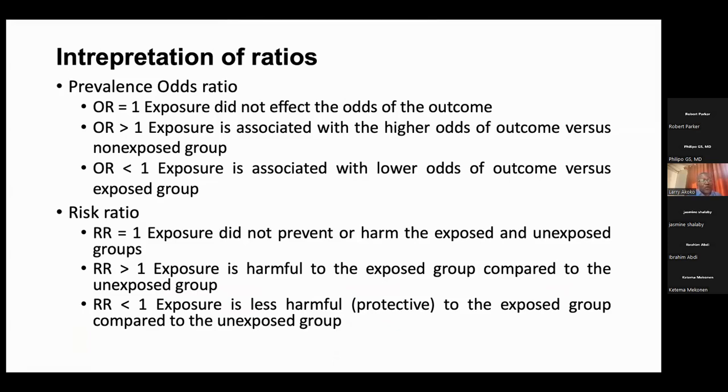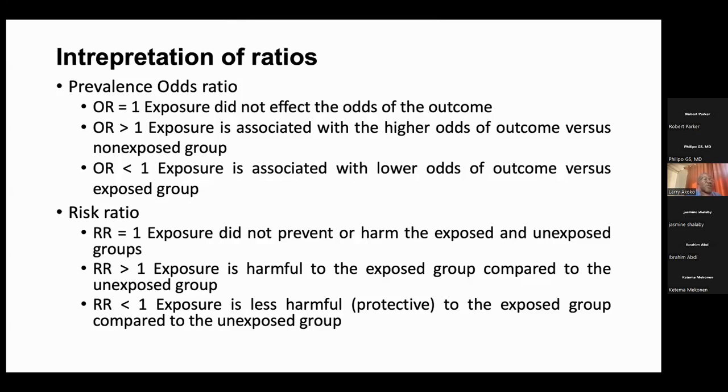And when odds ratio is more than 1, then exposure is associated with higher odds of the outcome compared to the group that is not exposed. And when odds ratio is less than 1, it means the exposure is protective, in that the exposure is associated with lower odds of the outcome when you compare with the exposed group.